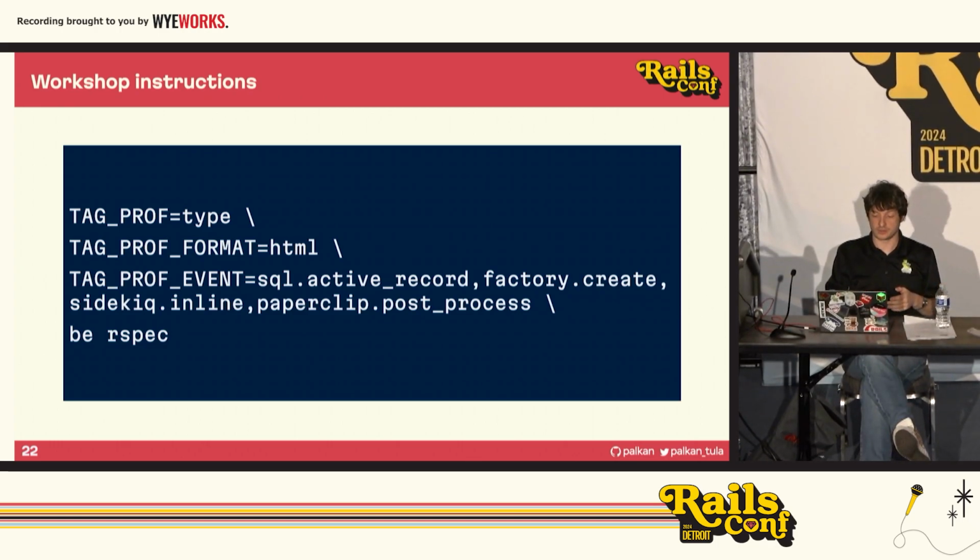Like here we have SQL Active Record, which comes from Active Support notifications. Factory create is a custom event added by TestProf. It profiles the factory usage. Sidekiq inline profiles the amount of time spent performing inline Sidekiq jobs. And Paperclip process file is a custom event we just added.